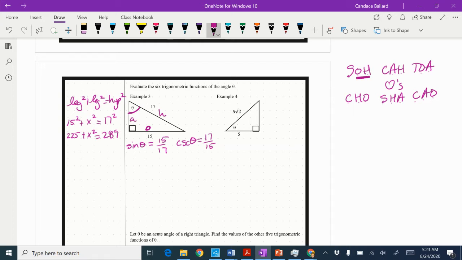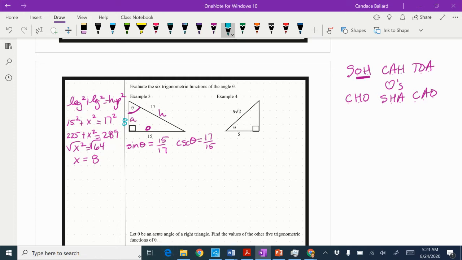I'm going to subtract that. So I get 64, and then the square root of that, and remember we don't do negative square roots when we're doing geometry-like things, is 8. So I know that this side here is 8.